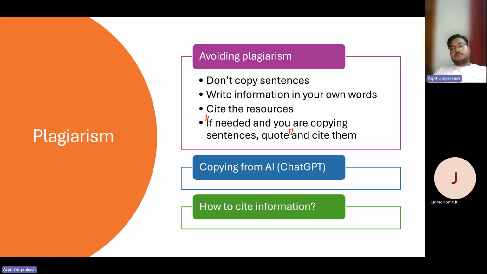Nowadays, because of the development of AI, such as ChatGPT and so on, it has become very easy for students to plagiarize their assignments and for researchers to write research articles or even other written material using ChatGPT and using AI.